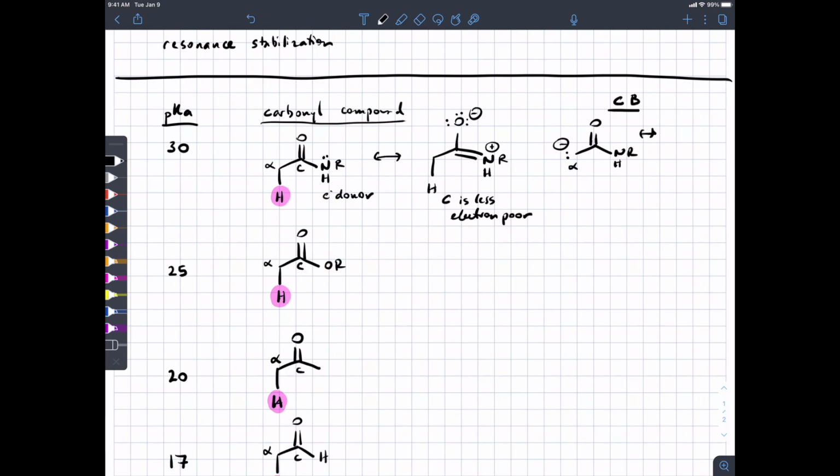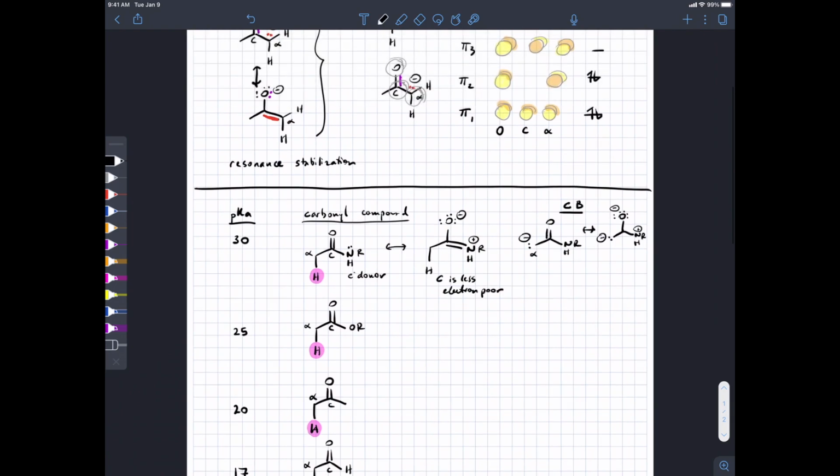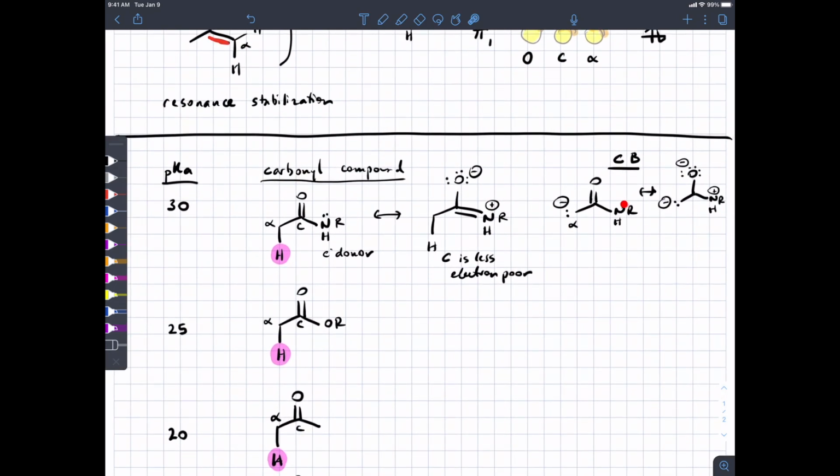Again, because in addition to the resonance structure where the enolate, where the negative charge on the alpha carbon is delocalized onto the carbonyl oxygen like we saw up here, when you've got that nitrogen acting as an electron donating group, you have this resonance structure that puts those two negative charges close together. All right, I'm not sure I've explained that well. That seemed kind of convoluted to me.